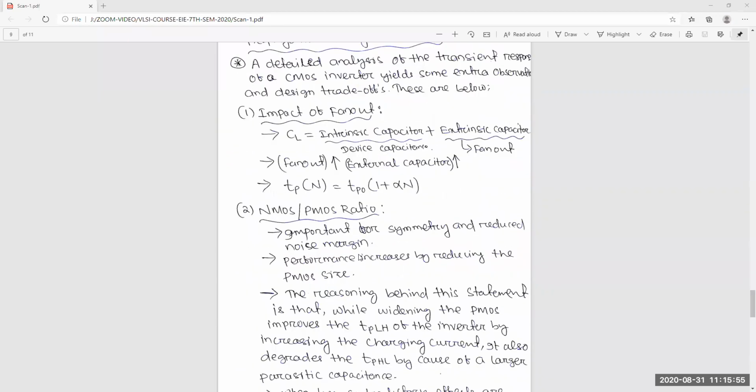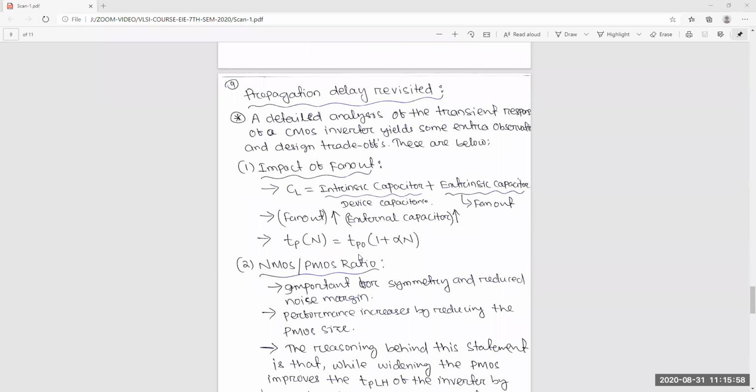So now some important points are there that we have to discuss. What are the things you have not covered here? For the propagation delay, the important points you have to note: first is the impact of fan out.